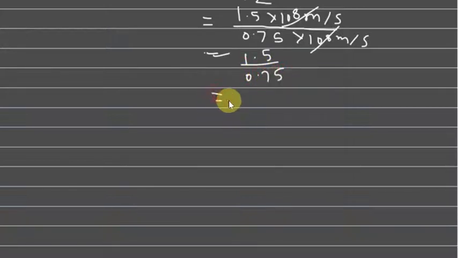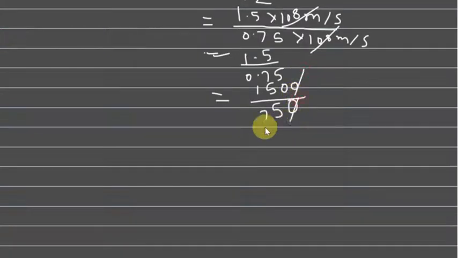Now how will you solve this? Again the last trick. Write down the number as it is, and since after the decimal point there are two digits in the denominator, write down 20 there; in the numerator we have one digit after the decimal point, so 10.